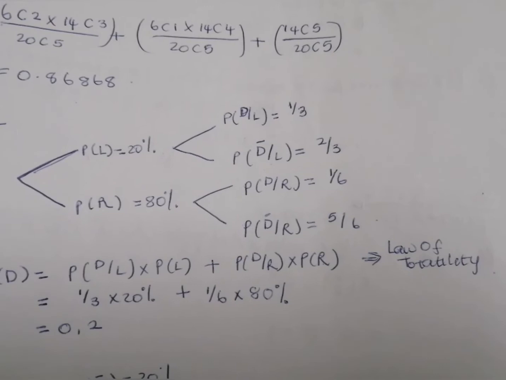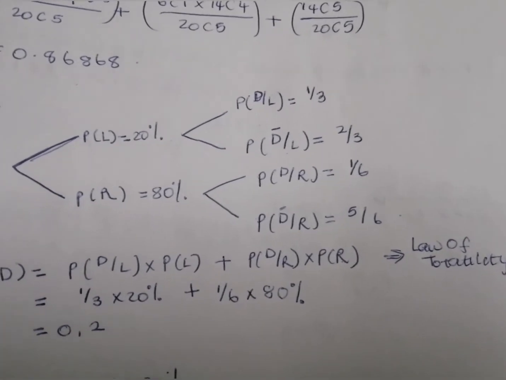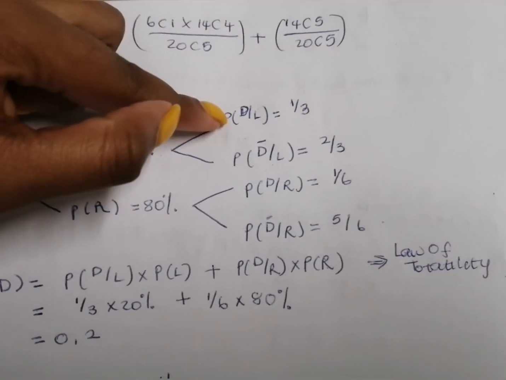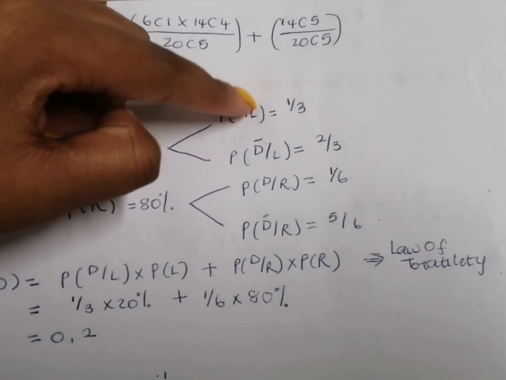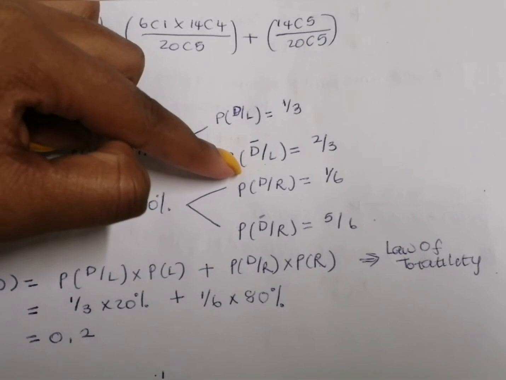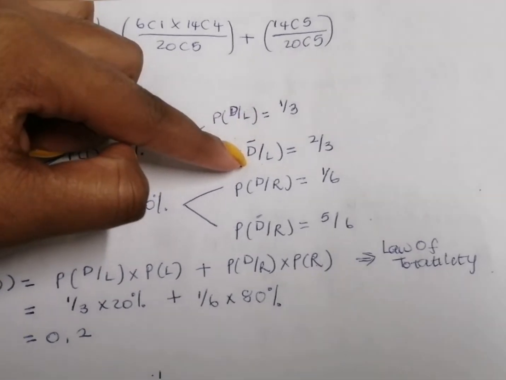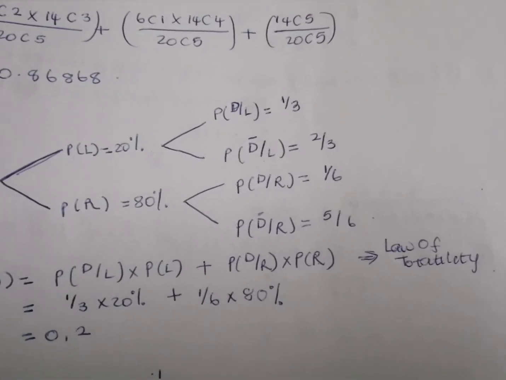You can either use decimals or percentage, it doesn't matter, depends on what you prefer. So this is the probability that the truck is defective given that it is left hand driven, and then there's a probability that the truck is not defective given that it is left hand driven.